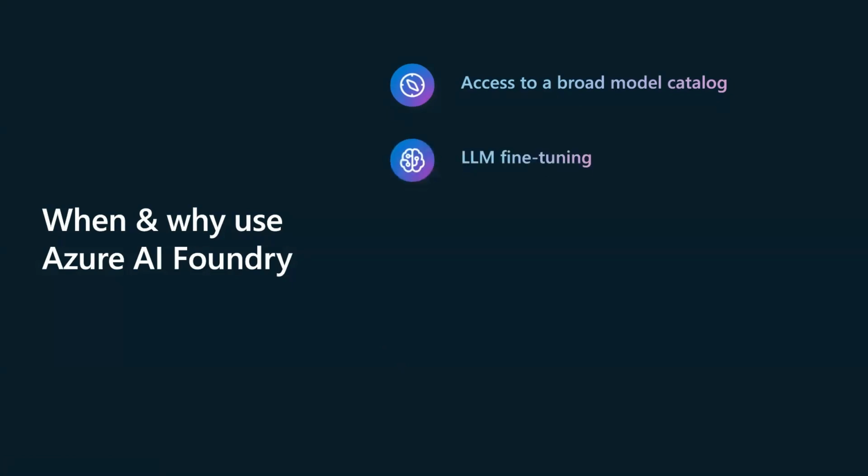LLM fine-tuning. One of the benefits of Azure AI Foundry is that it has LLM fine-tuning, where you can train or fine-tune the large language models. There is a specific format you would need to use, JSON Lines. Advanced retrieval and knowledge integration, like Azure AI Search, for example, is part of Azure AI services.